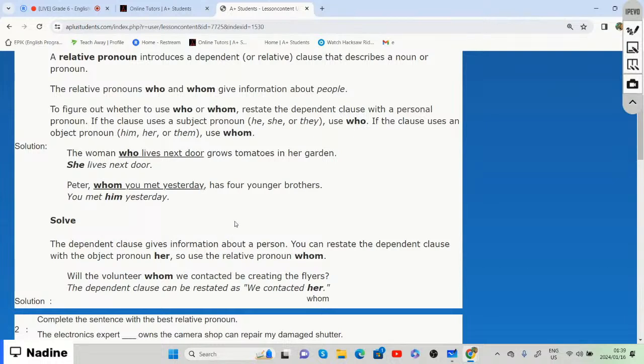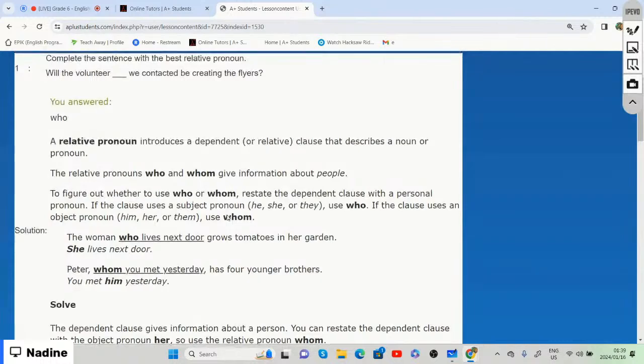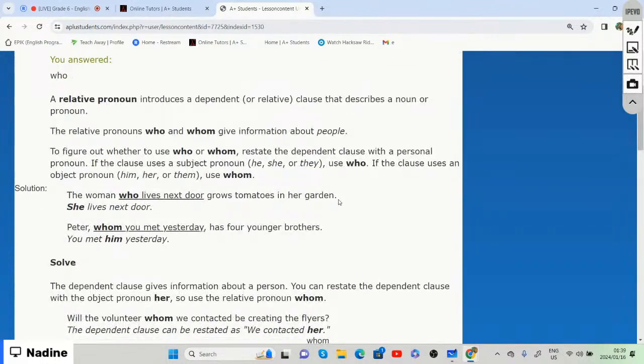So we say that a relative pronoun introduces a dependent clause.